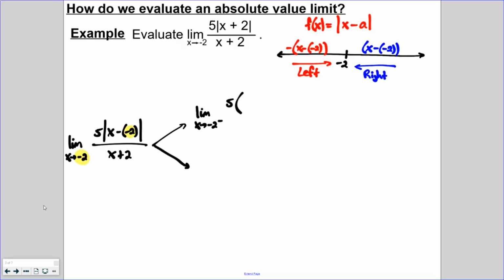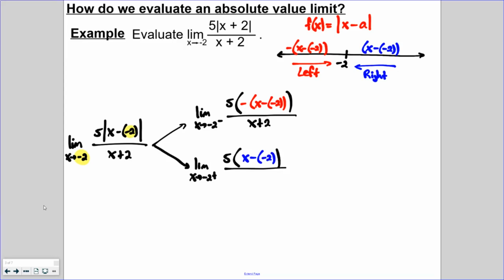Since we're approaching from the left, we're going to use the expression negative x minus negative 2, and that's all divided by x plus 2. Then we're going to take a look at the limit as x approaches negative 2 from the right. It's going to be 5 times the positive value, so x minus negative 2, all over x plus 2.